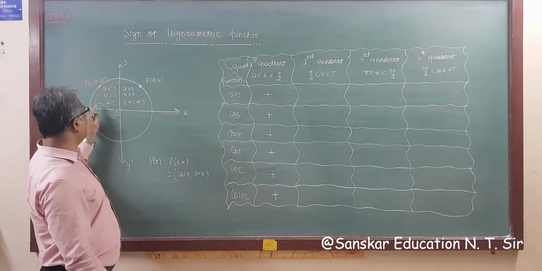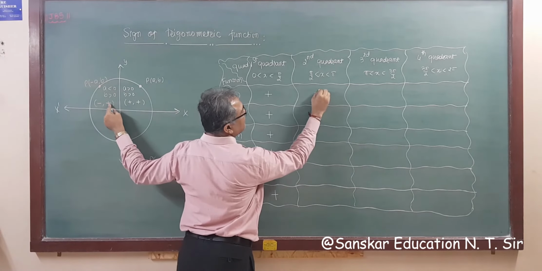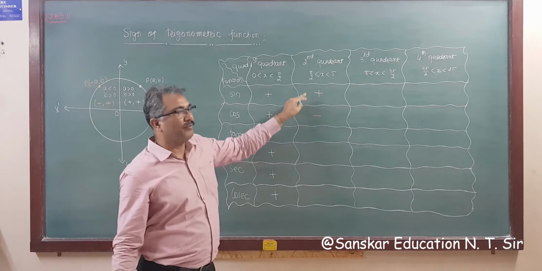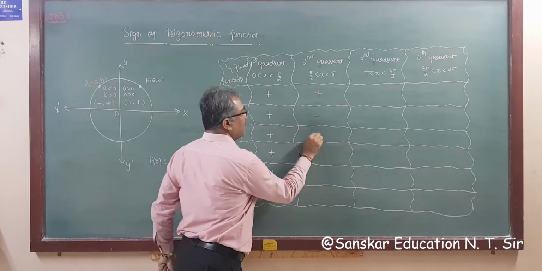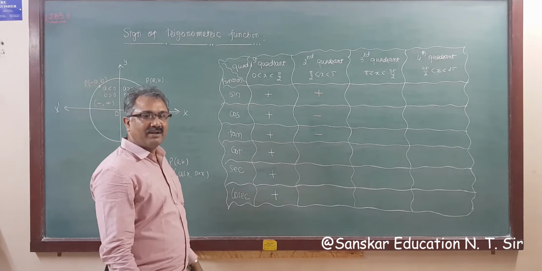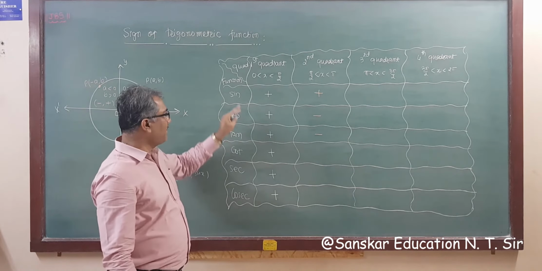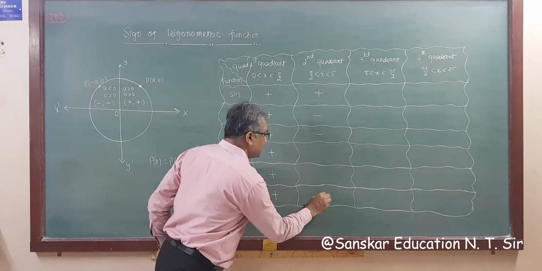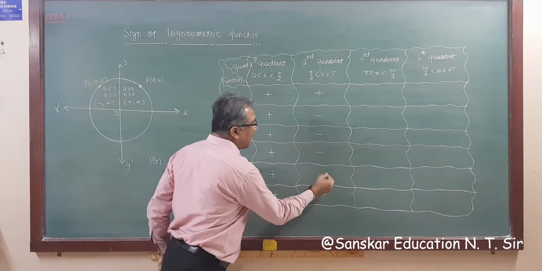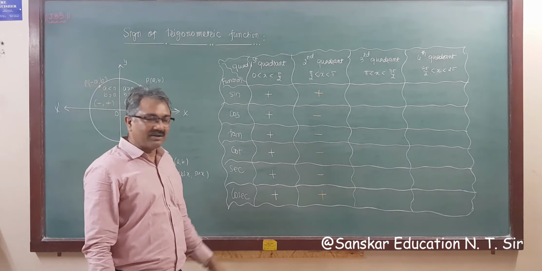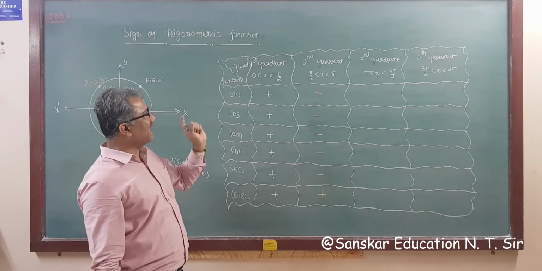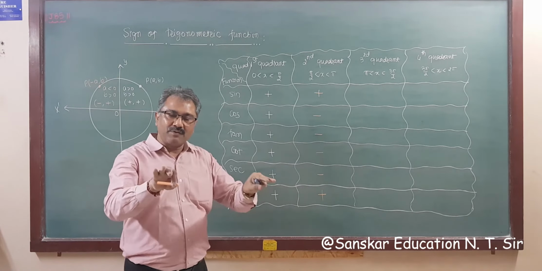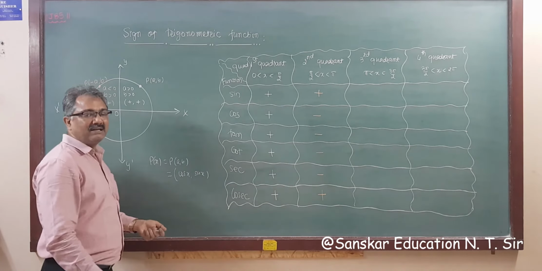So in the second quadrant sin is plus, cos is minus. So tan is sin upon cos, plus upon minus, that is minus. Now remember, sine is plus, so the reciprocal of sine, cosec, is plus, and all the rest are negative. So in the second quadrant, sine and its reciprocal are positive, and all four other functions are negative.